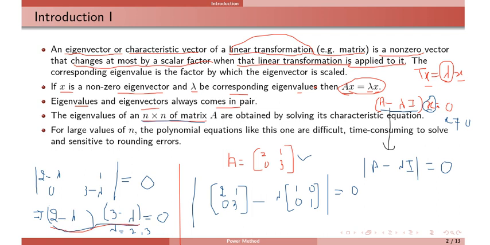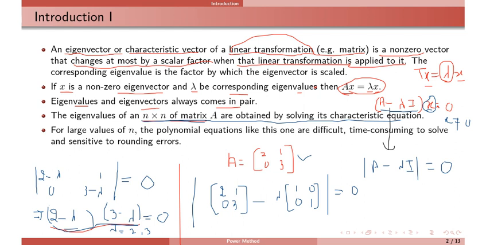If you have a 4 by 4 matrix, then this characteristic equation will have lambda to the power 4. In general, eigenvalues are obtained by solving the characteristic equation in lambda.